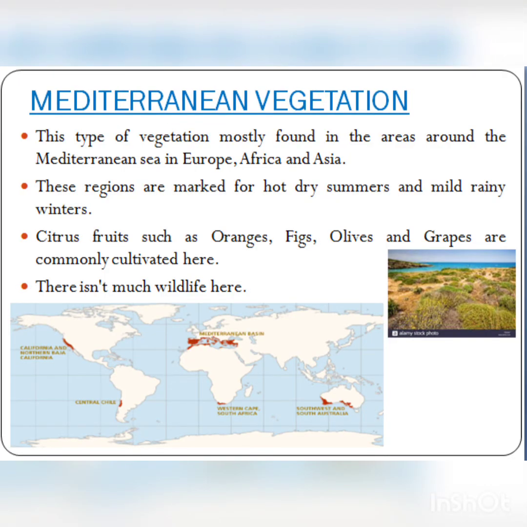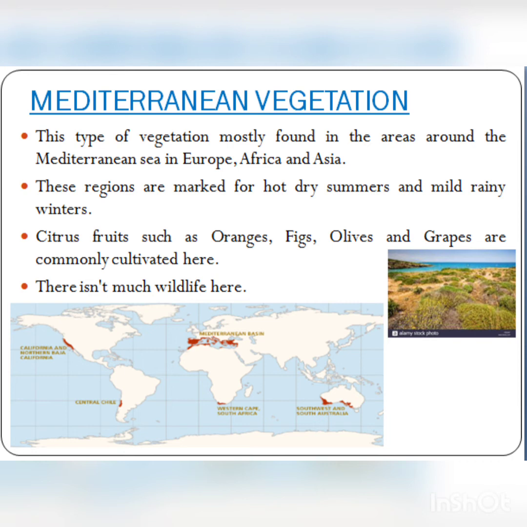Mediterranean vegetation. This type of vegetation is mostly found in the areas around the Mediterranean Sea in Europe, Africa, and Asia. These regions are marked by hot, dry summers and mild, rainy winters. Citrus fruits such as oranges, figs, olives, and grapes are commonly cultivated here. There is not much wildlife there.